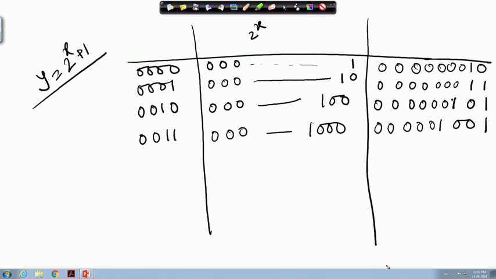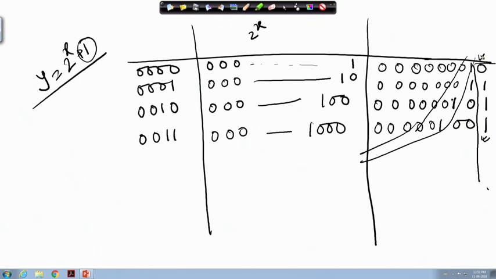So, you just see that adding 1 to 2 to the power x, how is it affecting? It is affecting only the last 2 bit positions. The rest of the bit positions remain the same. It only affects the last 2 bit positions.